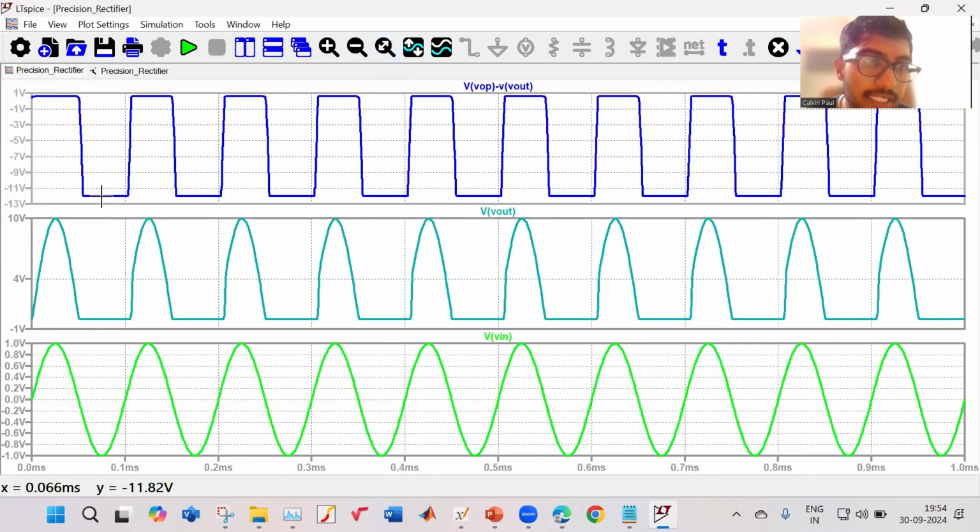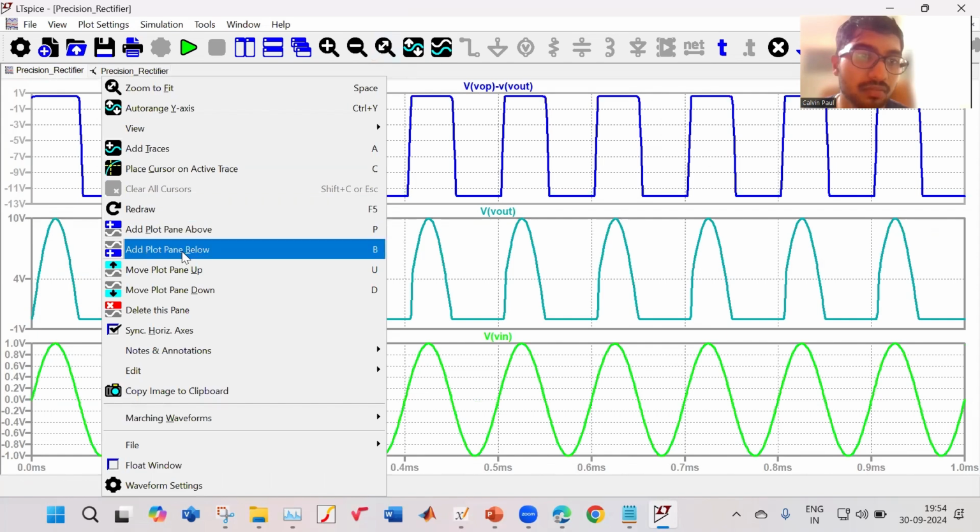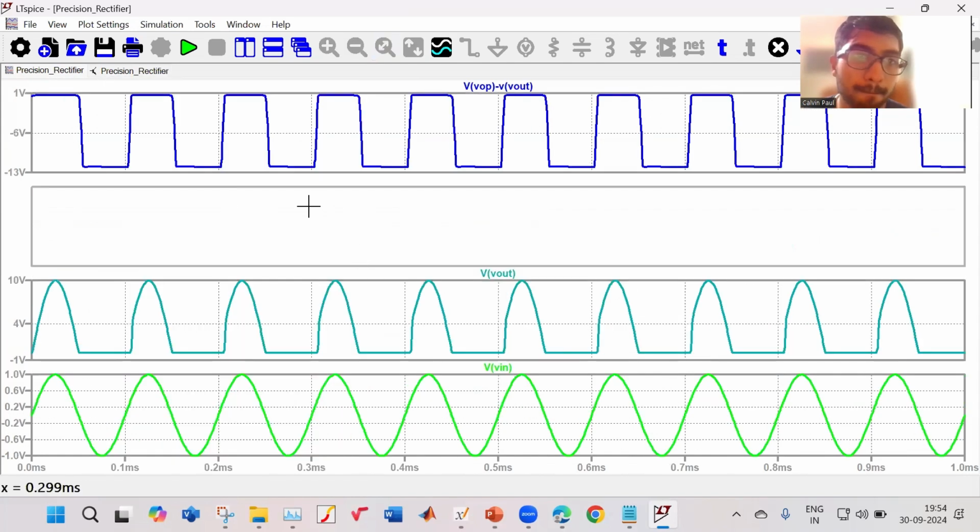And when it is not conducting, it is reverse bias, some negative voltage is applied across it. Okay, negative voltage is applied. And why is that? Let me add something below.